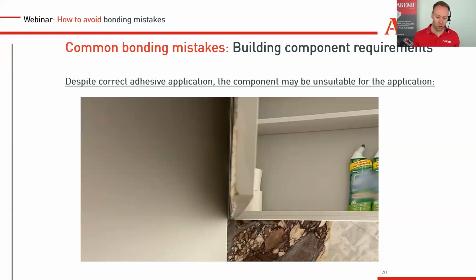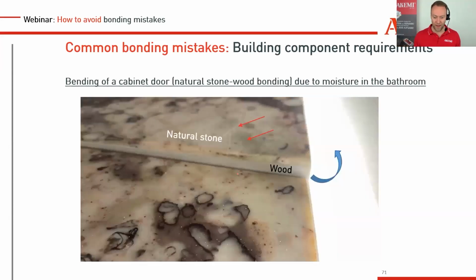Maybe it's interior, you used the right glue, the bonding is perfect, but there is a problem, because this sandwich construction behaves weirdly. Maybe it can take up some humidity again and you get this bending.